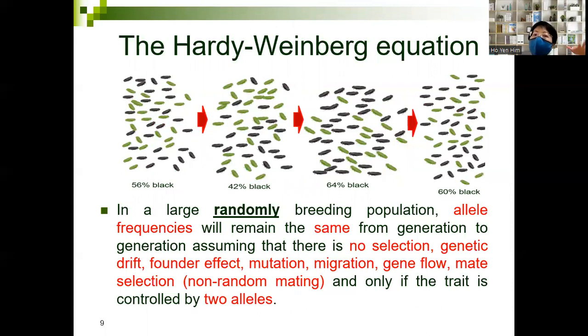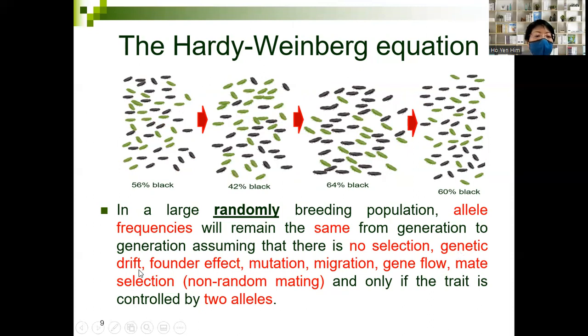In a large randomly breeding population, it means they freely mate with each other, not selective. Allele frequency remains the same from generation to generation because there is no selection, because in natural selection, the environmental factors are the same. So there's no change.